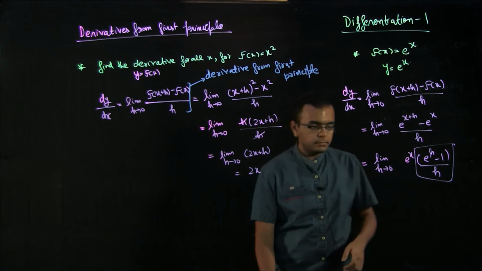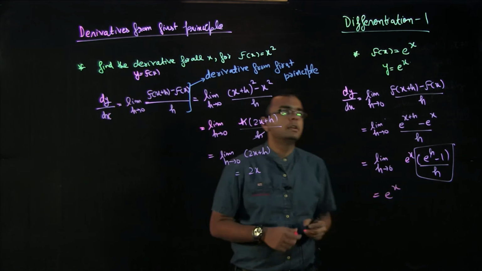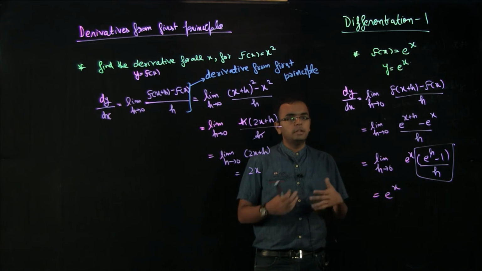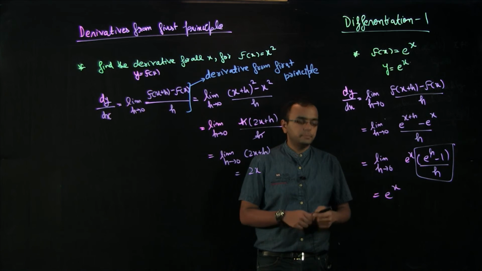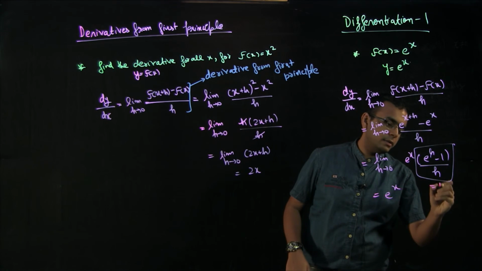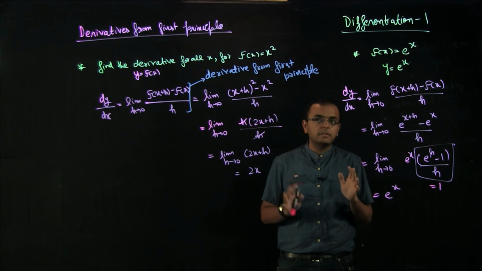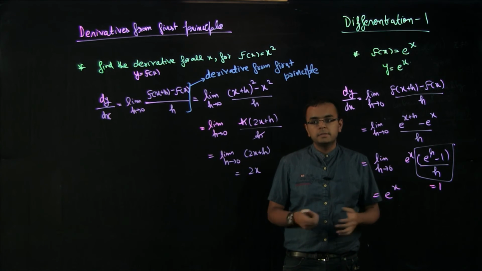So you can just remove this and this will become e raised to the power of x. So the derivative of e raised to the power of x is nothing but e raised to the power of x, which is the same. As I said, this is nothing but 1, because we have discussed this in limits and continuity. So if you are forgetting these things, please revise the chapter, because that is important for calculating these limits.